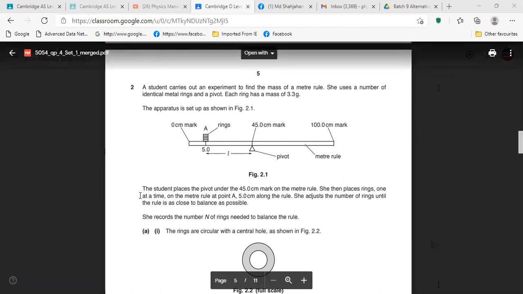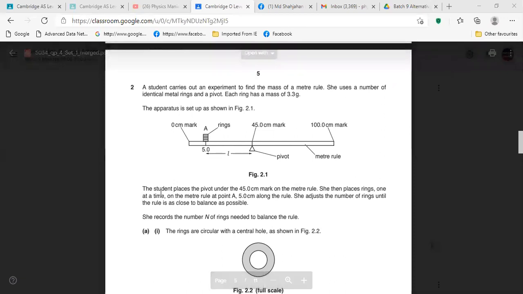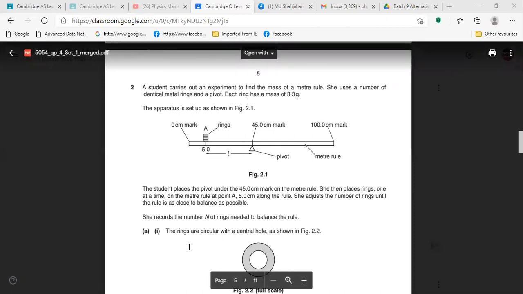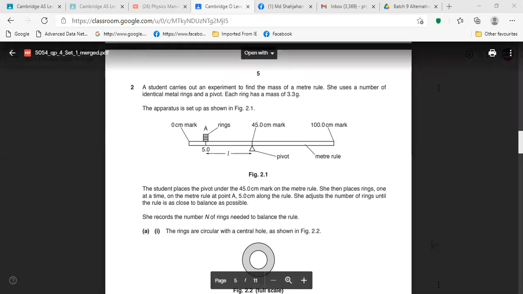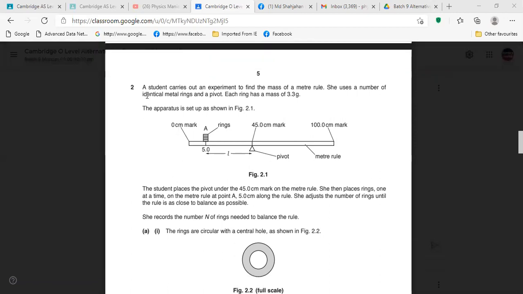So here we go. Question number two. Yeah, Karim. Yes, sir, I'm back. Please read it. Question number two. The student carries out an experiment to find the mass of a meter rule. She uses a number of identical metal rings and a pivot. Each ring has a mass of 3.3 gram.